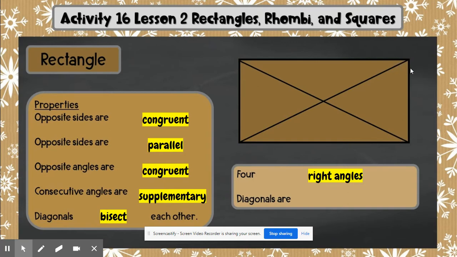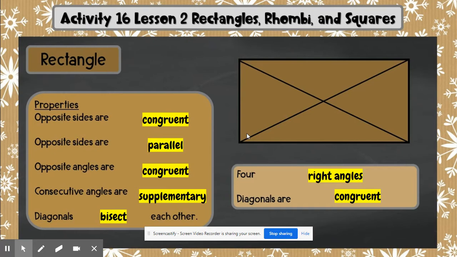And the diagonals are congruent. So not only do they bisect each other and cut each other in half, but the entire diagonals, both of them, are the same measure. So if this diagonal is 5, then this other diagonal has to be 5.